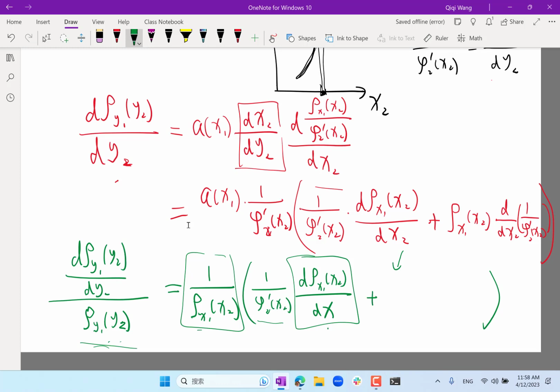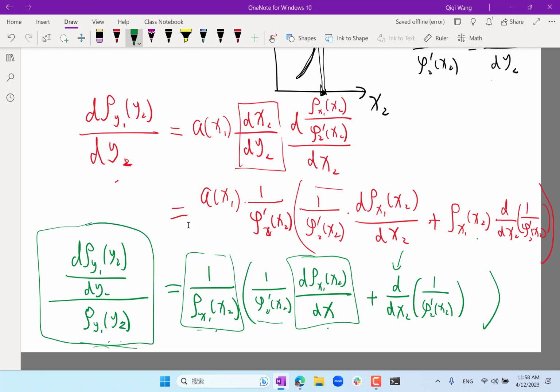And the second term is, this and this actually cancel. The second part is just the d/dx2 of 1 over phi prime of x2. Okay, so this derivation gives us a recursive formula for computing this fractional derivative.